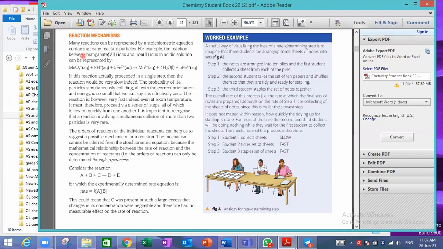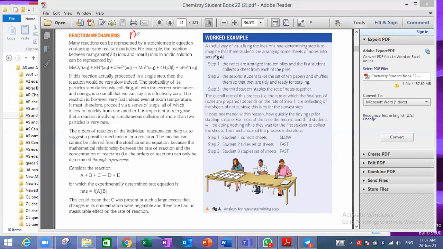What is a reaction mechanism? The reaction mechanism is the steps by which a reaction takes place. Because not all reactions, we find that, for example, A plus B gives C. When we studied before in O-level and in AS, we took what we call the collision theory.